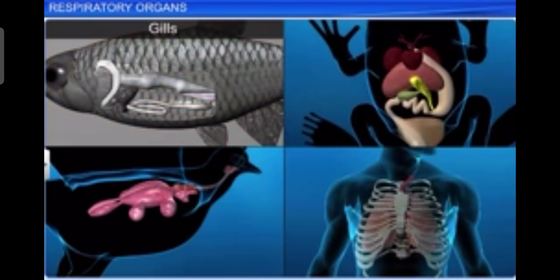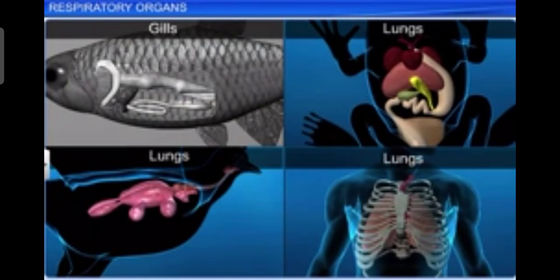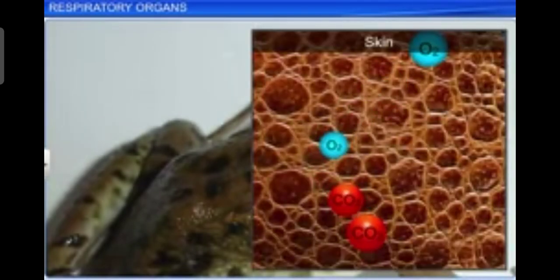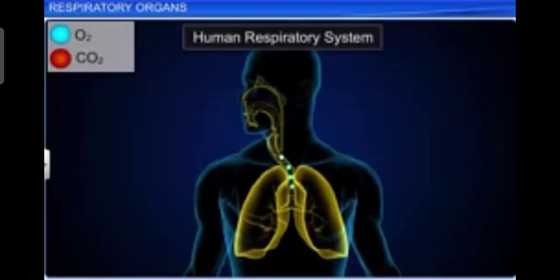Fish respire through the gills. Gills are a vascularized structure. Among vertebrates, fishes use gills, whereas amphibians, reptiles, birds, and mammals respire through the lungs. Amphibians like frogs can respire through their moist skin also. This is called cutaneous respiration.